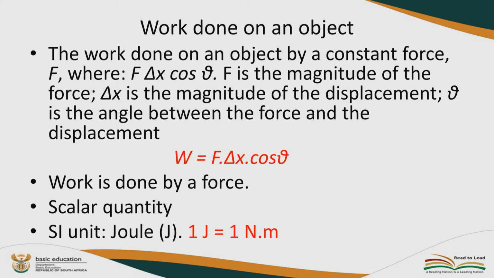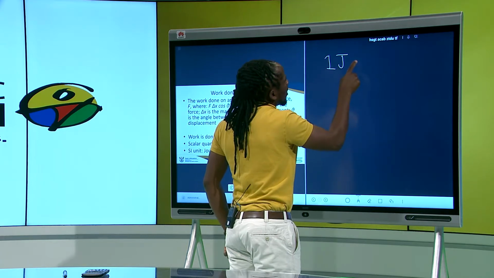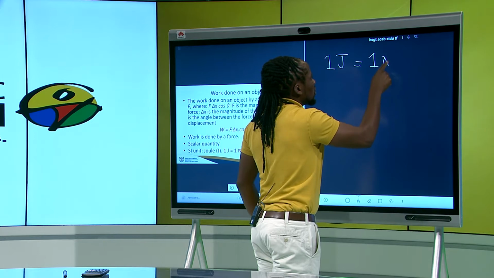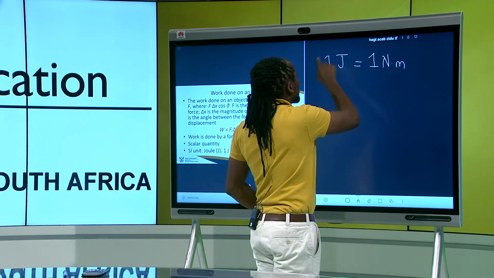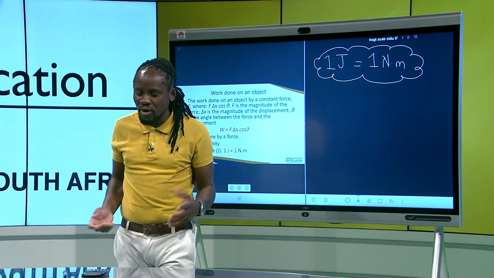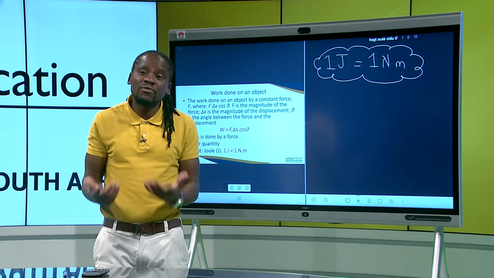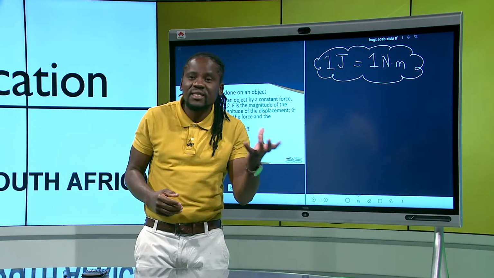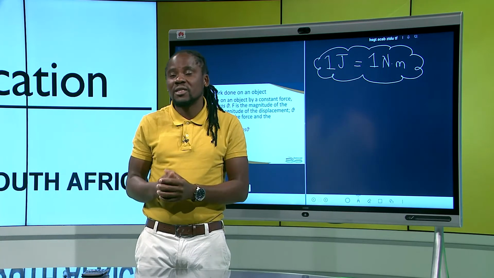Now, we also recognize that indeed work is a scalar quantity. Now, let's talk about the SI unit. Very important. Work is measured in joules. 1 joule is equal to 1 Newton meter. Now, we ask ourselves a big question conceptually so that we have a clear understanding of the concept of work. When do we have a joule of work done on an object? Number one, we need to appreciate that what exactly does work on an object is actually a force.